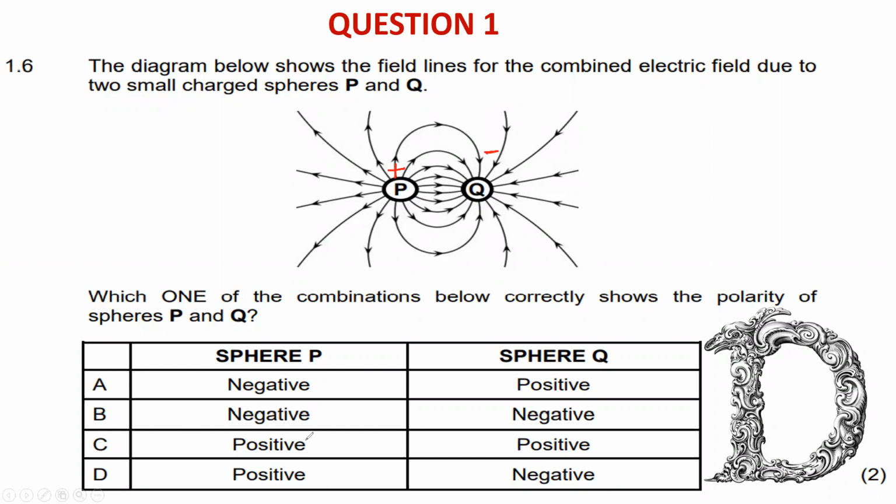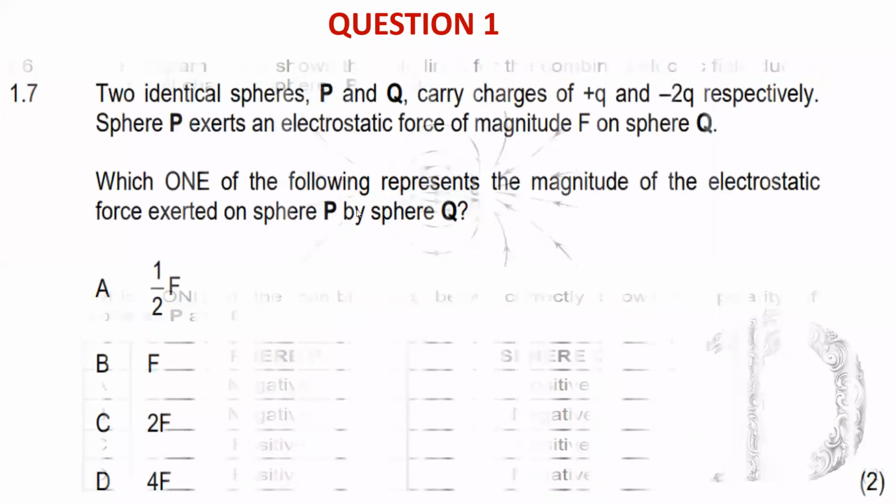Option C says P positive, yes, but Q also positive, no. We just should remember the direction of the field is from positive to negative. Sometimes they ask you to draw the direction of the field lines, sometimes they just give you a question like this and ask you the polarity. This is our question 1.6. The answer is D. All right, let's continue with the next question.